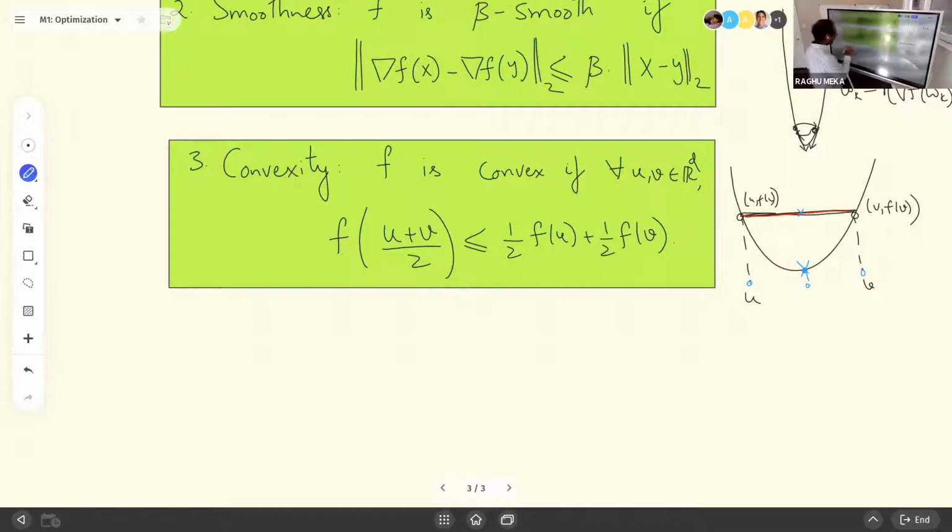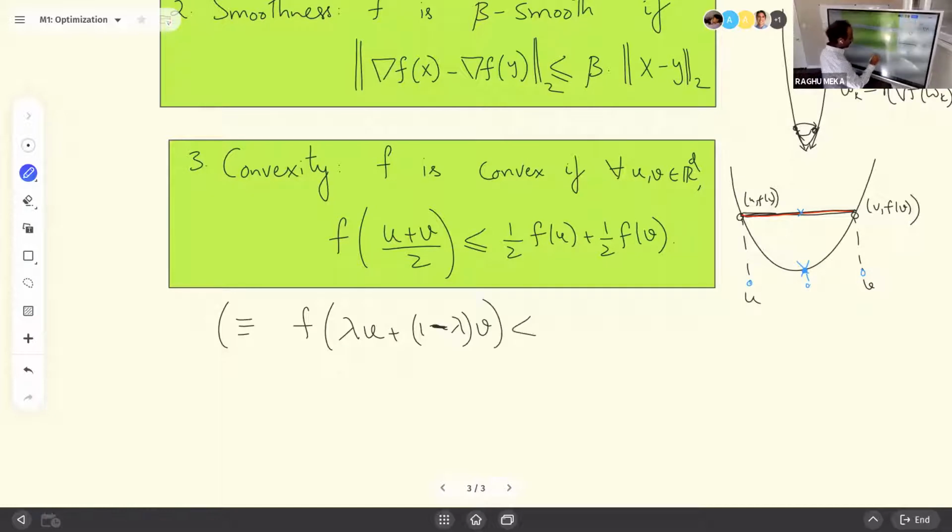Okay, so for example, let's say this is equivalent to saying: it's not just at the midpoint. When evaluated at the midpoint, it's less than the average of the two endpoints.